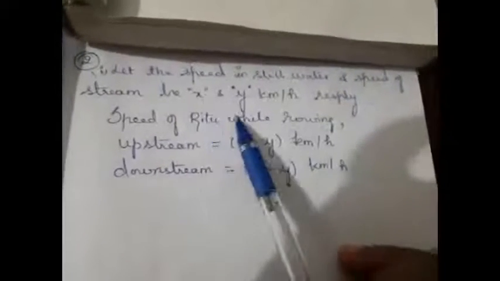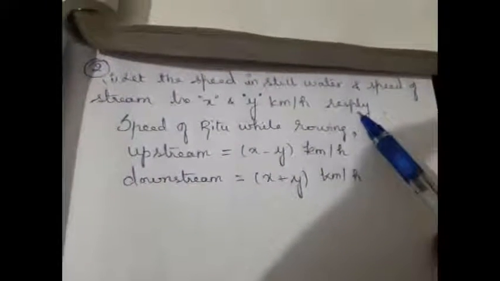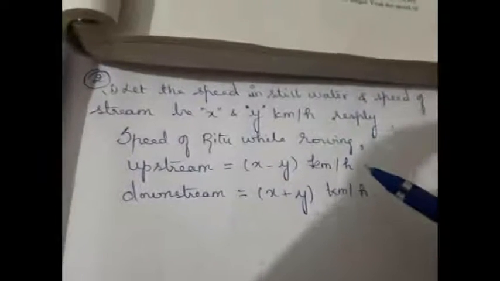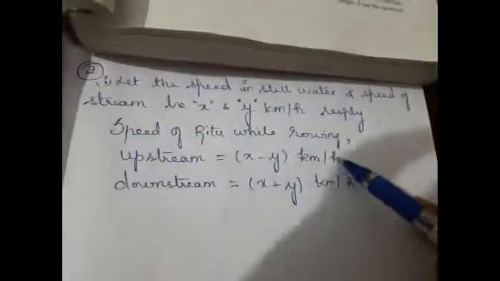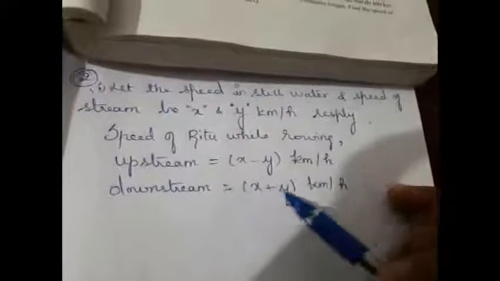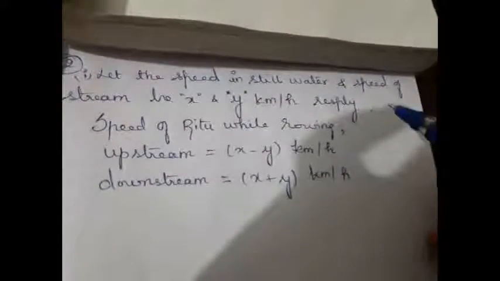Then the speed of Ritu while rowing upstream will be x minus y km per hour, and downstream will be x plus y km per hour.